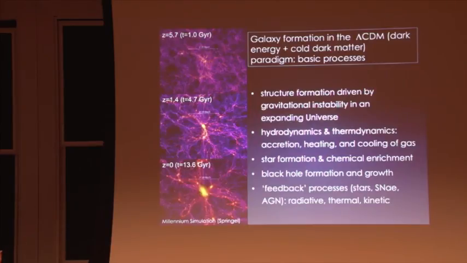You need to understand how stars are forming. Some of these are less obvious. Almost everyone in the community now thinks that we need to understand how black holes form and grow and evolve and interact with galaxies in order to understand how galaxies form. This is relatively new. These communities didn't talk to each other very much when I was in graduate school. Over the past 10 years, we've all realized that we probably are not going to get galaxies right unless we understand what the black holes are doing.